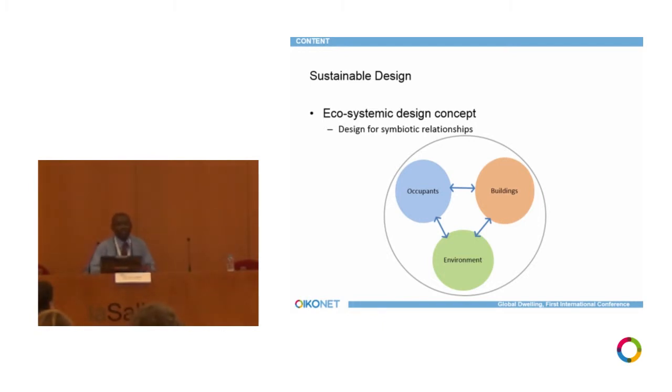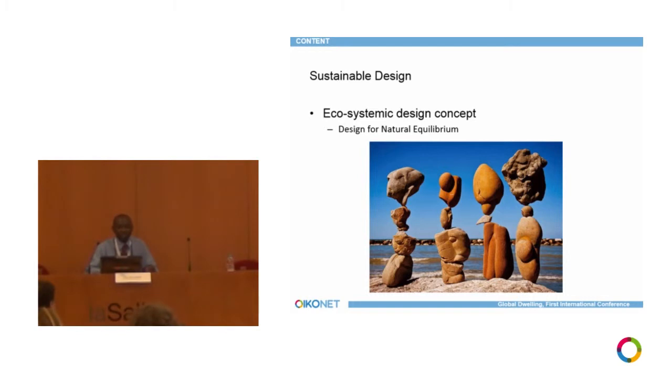On the other side, it's more designed for natural equilibrium, which means that if you're having a new housing in a new environment, for example, the biodiversity in that environment should be maintained as much as possible. So you're creating a built environment, but you should also consider the natural environment, and there should be no disruption to the natural equilibrium in the newly established or created environment.